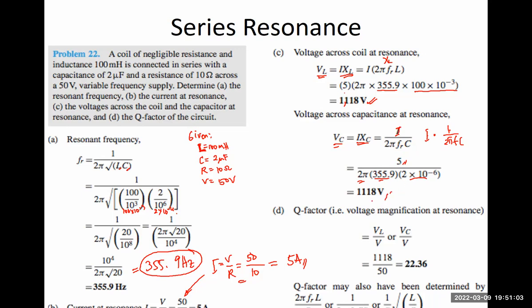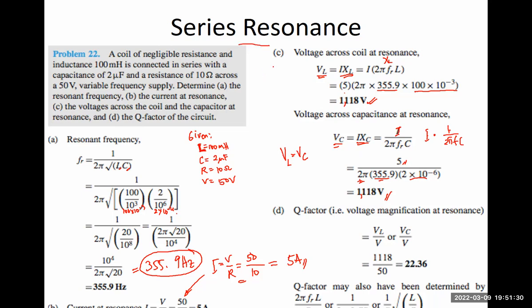So therefore, we could also check that the voltage across the capacitor is equal to 1,118 volts. Makikita natin na parehas, the VL is equal to VC, which satisfies yung conditions natin at series resonance.